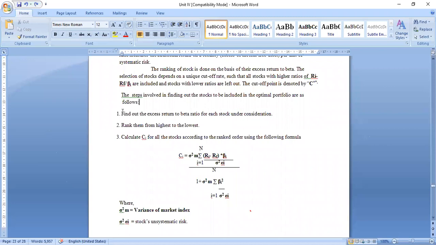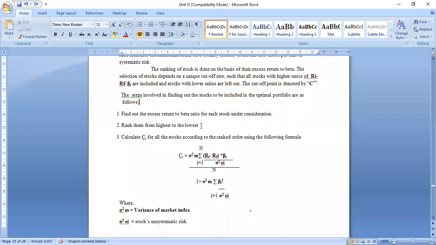Now the first step is to find the excess return to beta ratio for each stock under consideration. It means that for the number of securities given in the problem, we have to calculate separately the excess return to beta ratio for each stock. Then you have to rank them from highest to lowest.